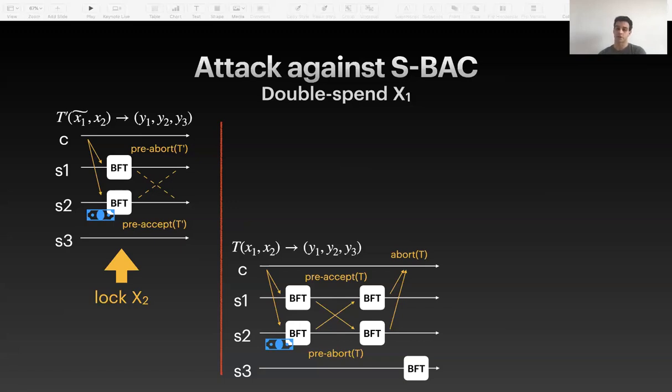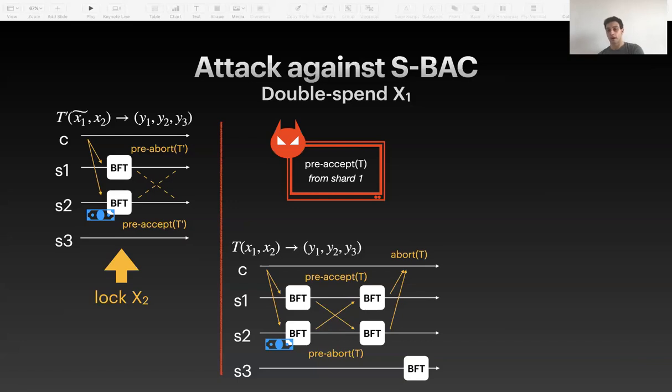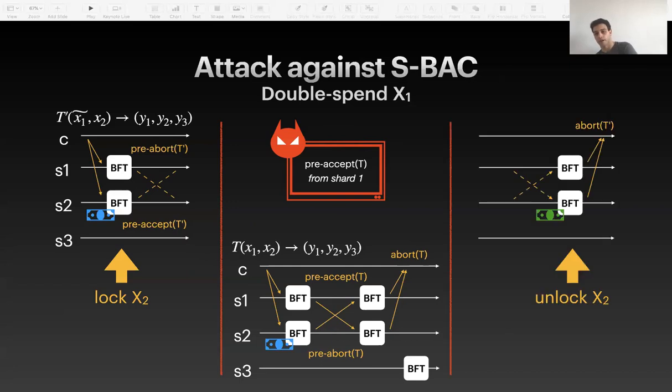As a result, transaction T is aborted. However, over this whole process, the attacker managed to record a pre-accept T message emitted by shard 1 that it will later use for a replay attack. Then the transaction T prime can continue, x2 will be unlocked by shard 2, and the transaction finally aborts.